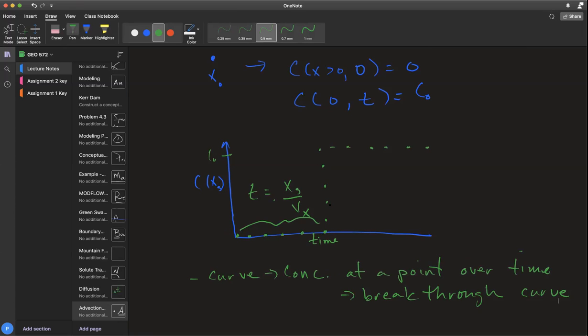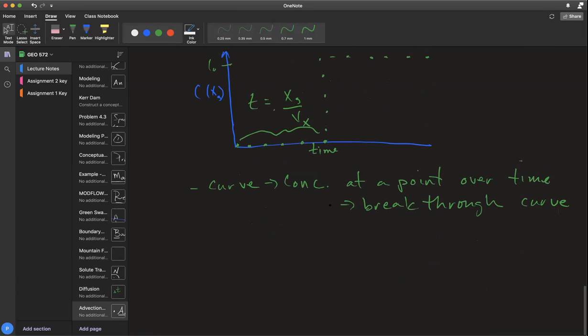All right, and the important thing is with advection only, we get exactly the same concentration history that we saw at the inlet. And this is called plug flow or piston flow.